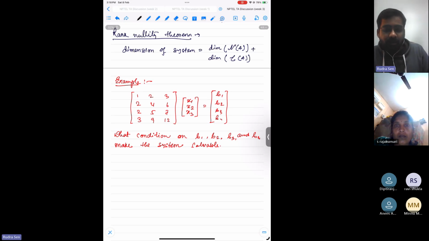So we have to find the condition on b1, b2, b3, b4 so that the system is solvable. Okay.